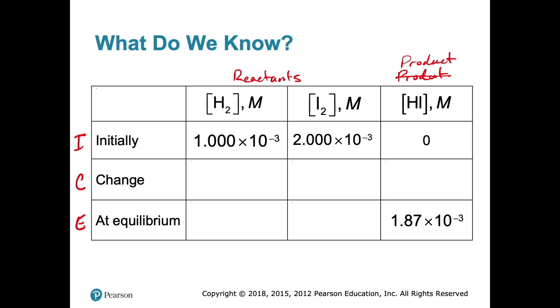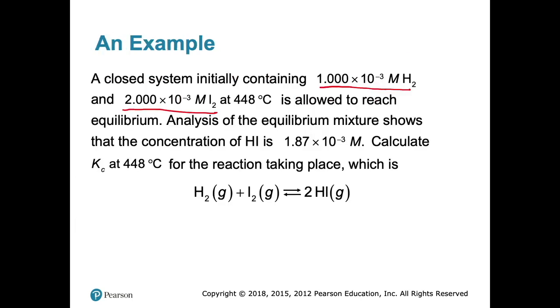The other piece of information we're given is that when the reaction goes to equilibrium, the concentration of hydrogen iodide gas is 1.87 times 10 to the negative 3.